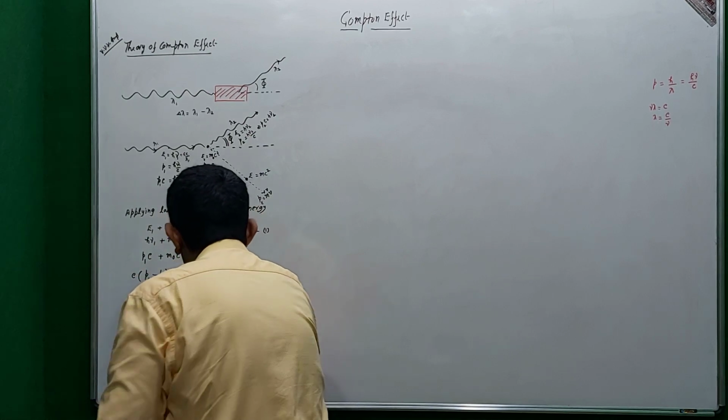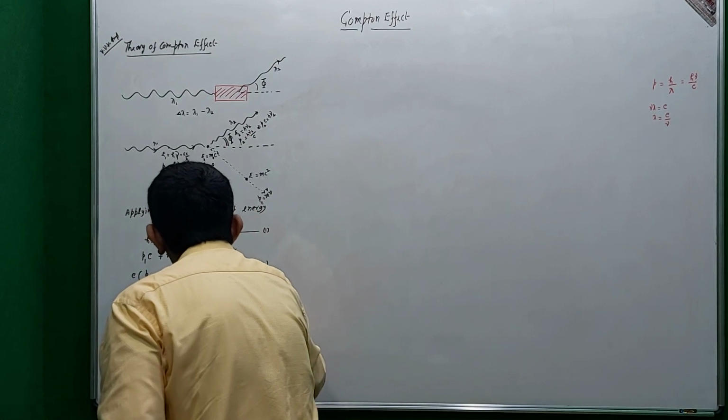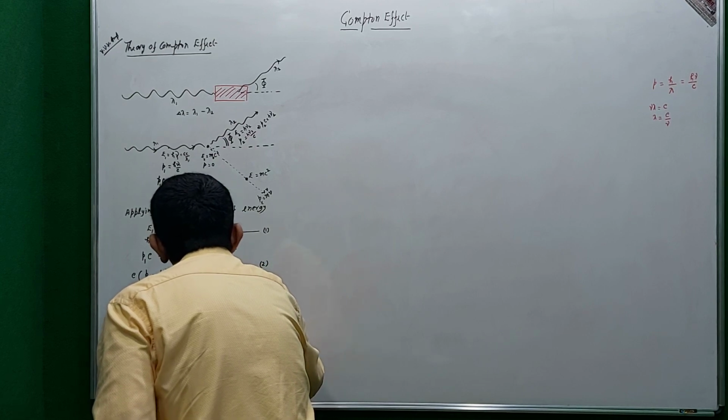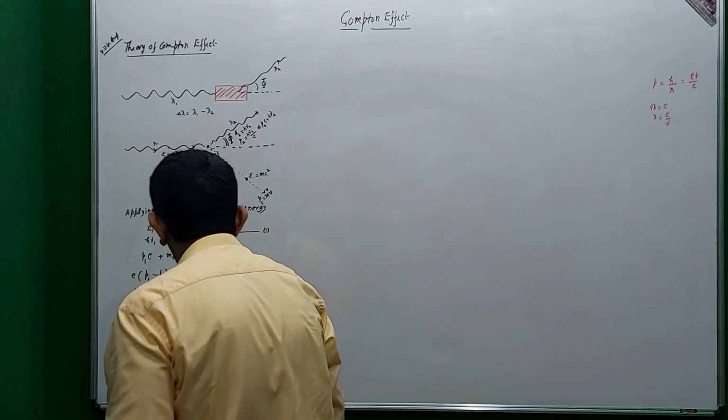This term we have squared, a square plus b square. Here it is now m naught square c to the power 4.